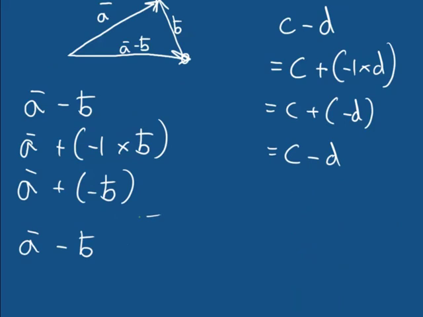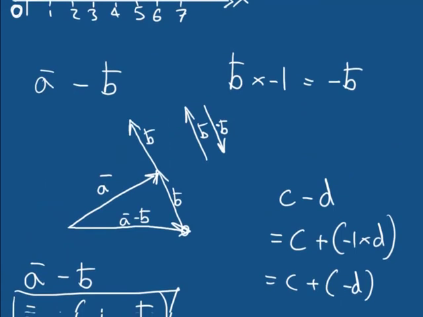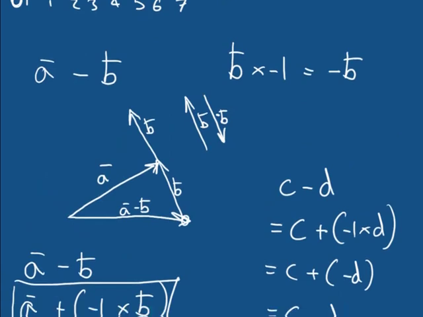But if we look at this step right here, a plus minus b, or even indeed this step, a plus -1 times b, we know that -1 times b, or minus b, is going to give us this vector right here. It's the same vector as b, same length, almost the same direction, except we're traveling in the opposite direction. So it's the same gradient of line, it's just the opposite direction.